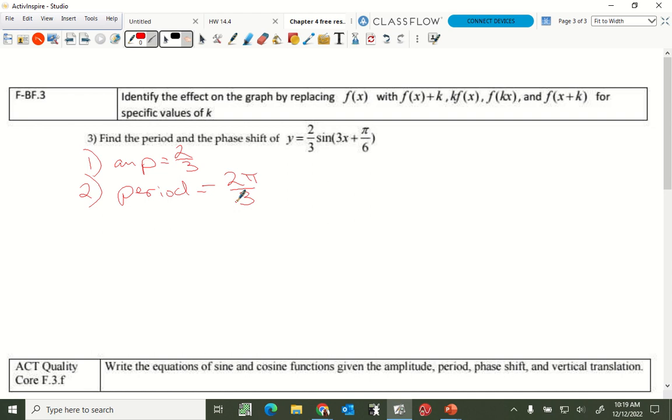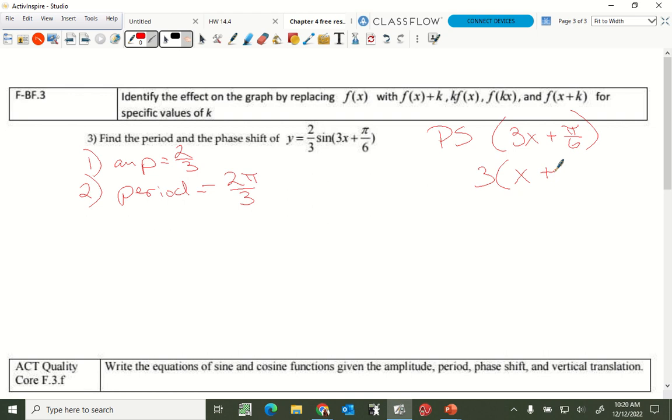The phase shift. To be able to get the phase shift, what do I have to do first? I got to factor out the b. So I have to divide by 3 first to get the phase shift by itself. So I'm going to divide everything by 3. So it's going to be a 3 quantity x plus pi over 6 divided by 3, that's the same as multiplying by 1/3.